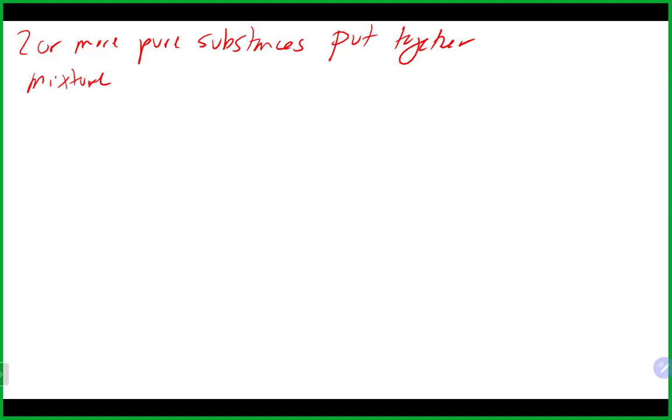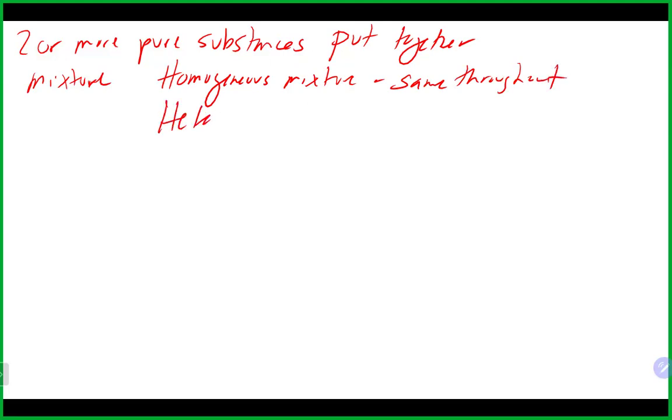There are a couple of different types of mixtures we talked about. We have a homogeneous mixture, which means everything looks the same throughout. We have a heterogeneous mixture, and we see different layers or phases.